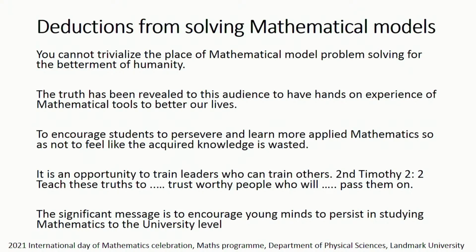The significant message is to encourage young minds to persist in studying mathematics up to the university level. Why am I saying this for the young ones to learn it to the university level? Suppose I modify this problem and I say, instead of having a square 18 centimeter by 18 centimeter, we have a rectangle.